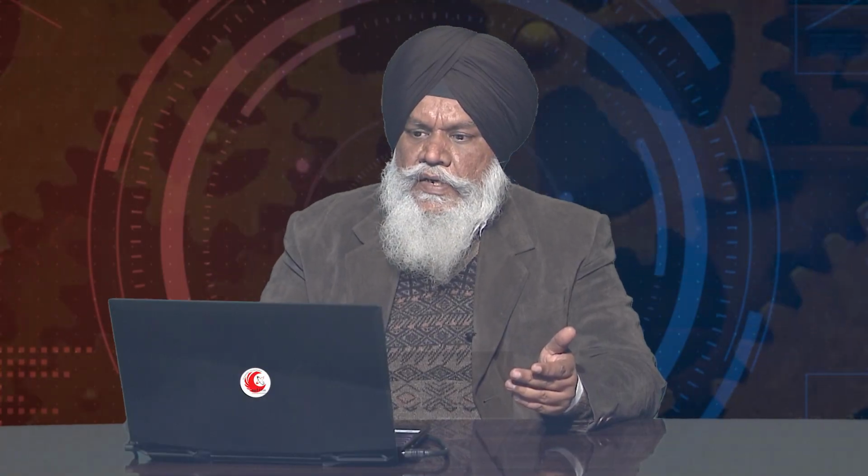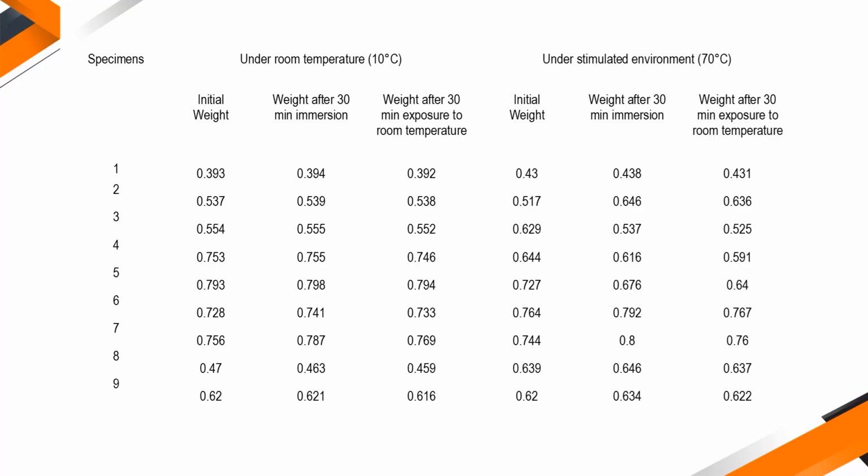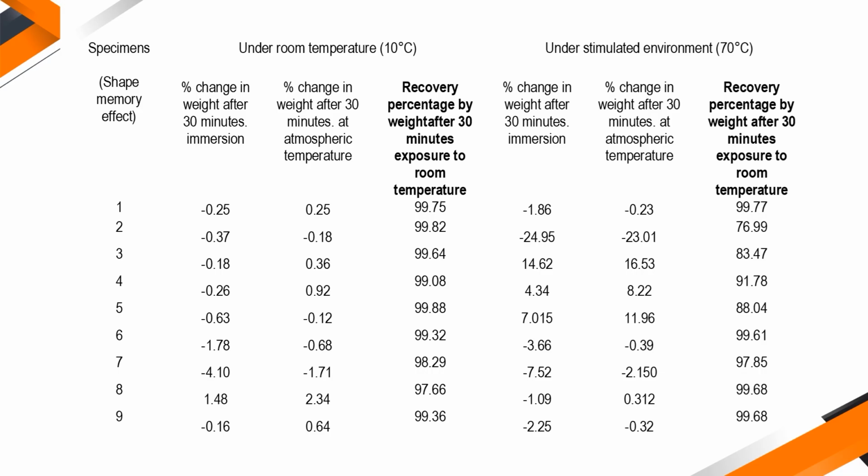So similarly the tunability is possible. So we tried to observe what happens at some low temperature, 10 degrees, and what happens at high temperature. So in cases when I am near the glass transition, and of course sometimes near the recrystallization, the shape recovery is observed to be the highest.